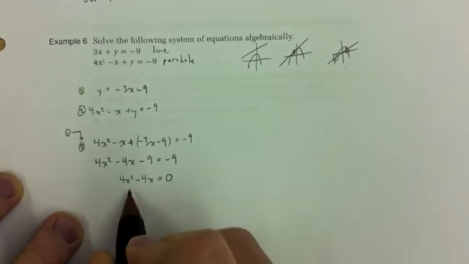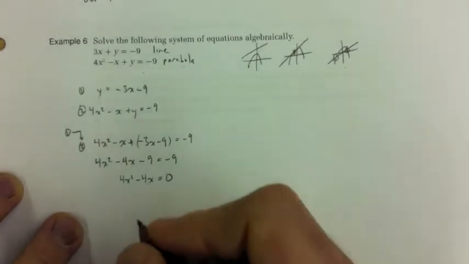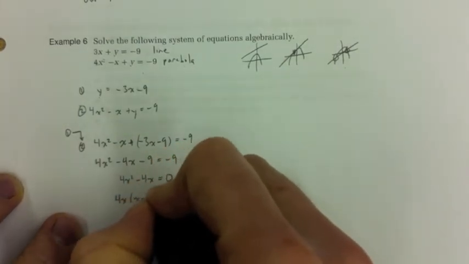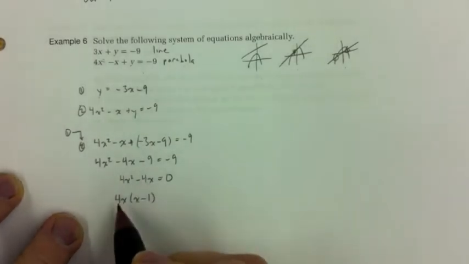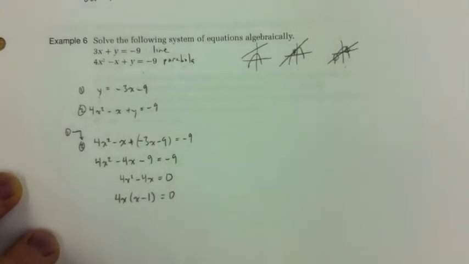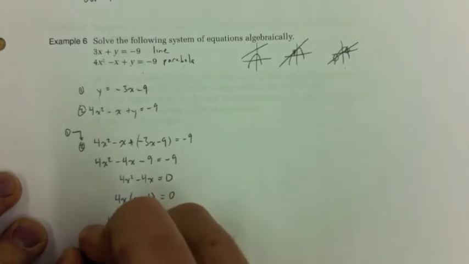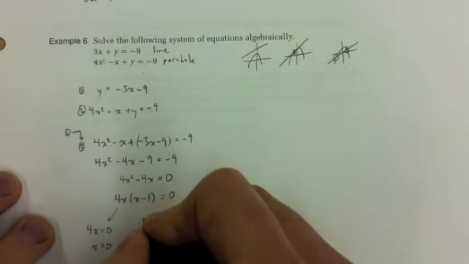Next, we're going to factor it. I can take a common factor out of 4x. 4x squared divided by 4x leaves me x. 4x divided by 4x equals 1. And so you can see we get two solutions. The first factor gives us 4x equals 0, or x equals 0.